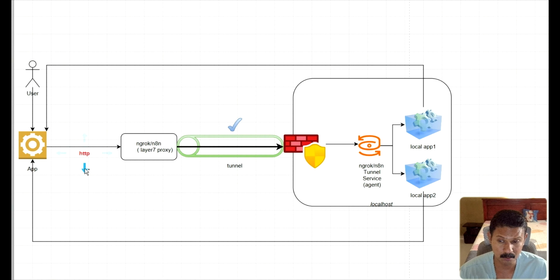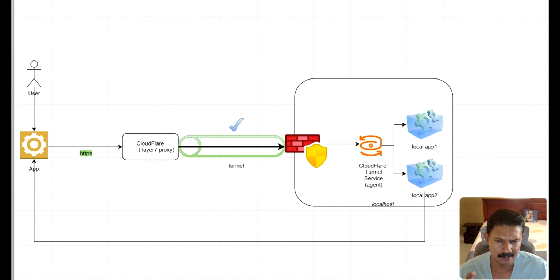So it is exposed via HTTP, which essentially means that if anyone has access to that URL that you're using, that dynamic URL that has been either generated by ngrok or your n8n, they would have access to your instance, and it's totally unencrypted. So not a good way of doing things, right? What we'll be trying to solve today is this particular issue.